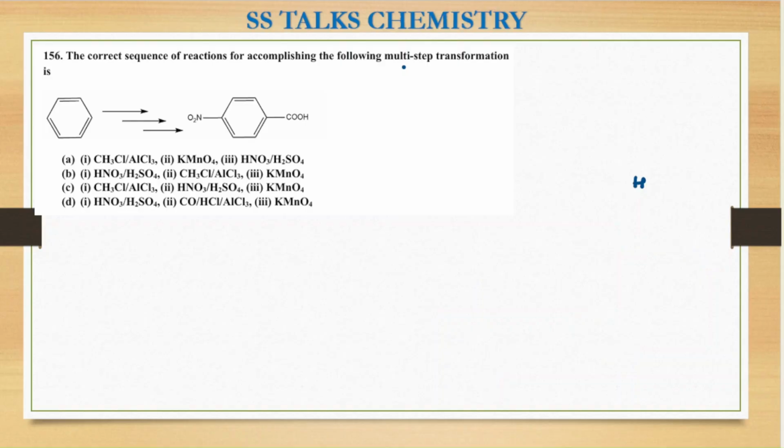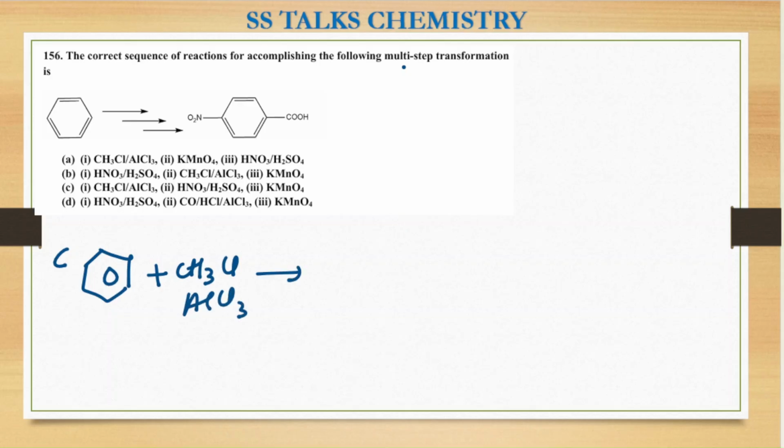That is basically the Friedel-Crafts alkylation being done in this case. In part C, the benzene ring is treated with CH3Cl with AlCl3. So this toluene will be formed. CH3 you will be having.